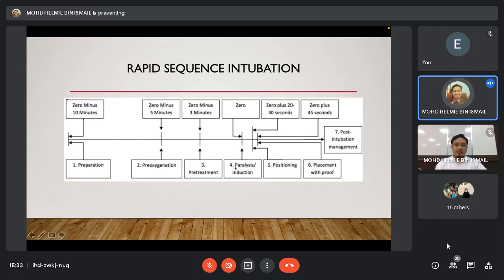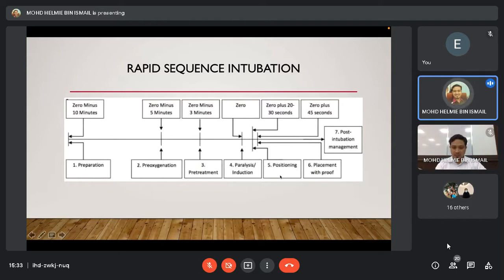Alright, and then number 4 is paralysis and induction. We give the paralytic agent and also an induction agent such as midazolam, ketamine, or propofol. We can give it as an induction. Then give the paralysis.